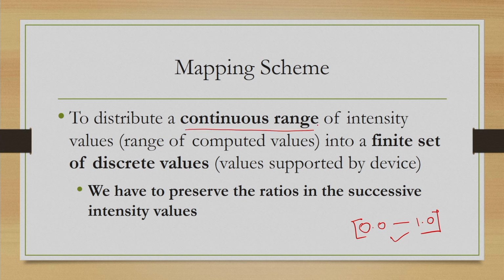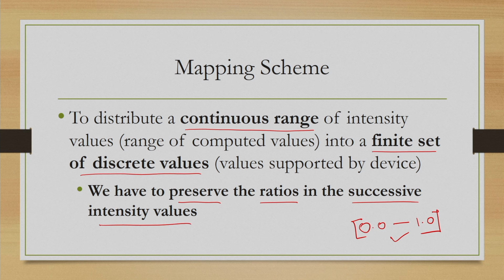This continuous range needs to be distributed into the finite set of discrete values, and we can do that without distorting the image by preserving the ratios in the successive intensity values.